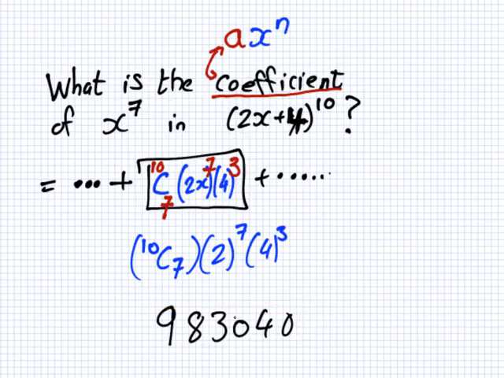For example, 5C3 would be 0, 1, 2, 3, 4, 5, and then 0, 1, 2, 3. So you can use this to make any value on the triangle without needing to make the triangle. It's very, very convenient, very, very useful.